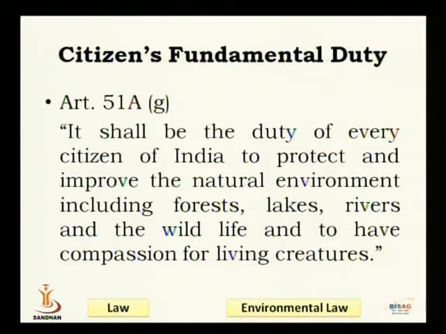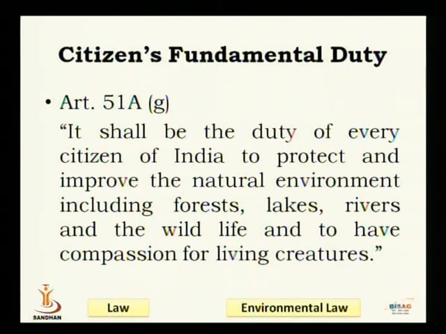Article 51A, Clause G provides that it shall be the duty of every citizen of India to protect and improve the natural environment, including forests, lakes, rivers, and the wildlife of the state, and to have compassion for living creatures.